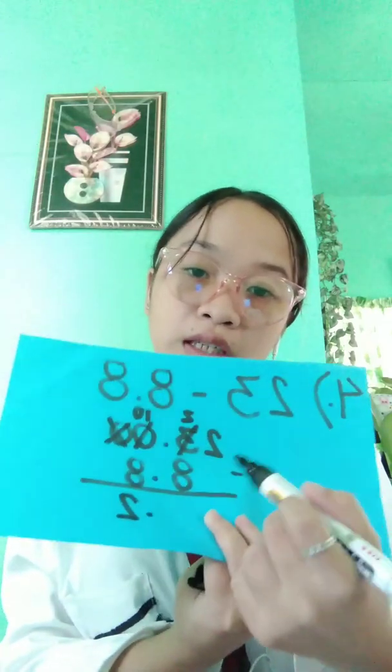Since dili na to gihapon ma-subtract ang 0 from 8, we have to borrow from number 3. So, ang 3 mahimong 2, ang 0 mahimong 10. So, 10 minus 8 equals 2. Now, since we can't subtract 8 from 2, magborrow na pud ta sa 2 here. Okay, 2. So, mahimong na siyang 1.